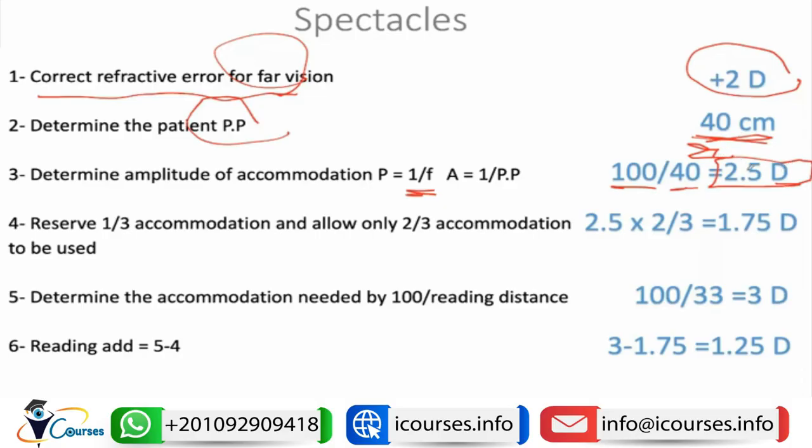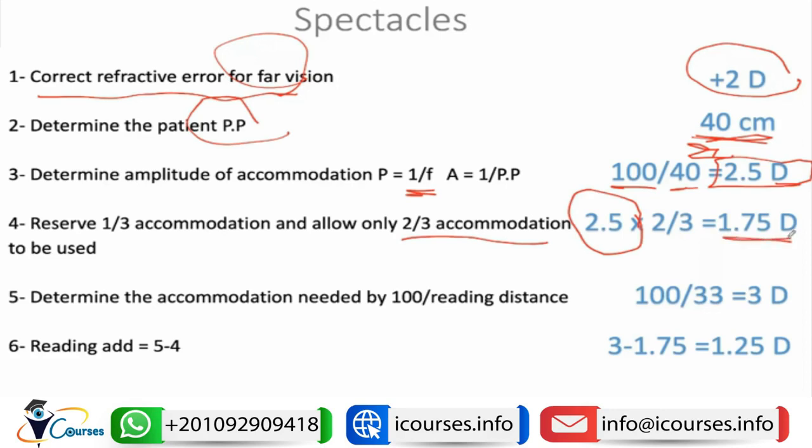After knowing what the patient has, let's know what the patient needs. First, we need to reserve a third of the accommodation and allow only 2/3 of the accommodation to be used. The patient shouldn't use all 2.5 diopters, otherwise the patient will complain of headache and eye strain. So we multiply 2.5 by 2/3, which equals 1.75 diopters.